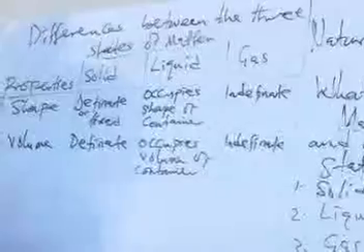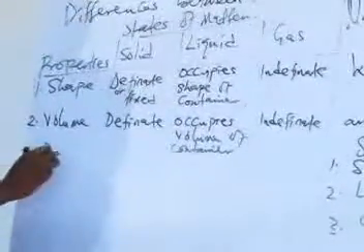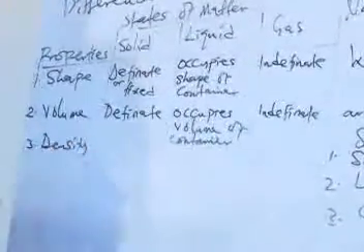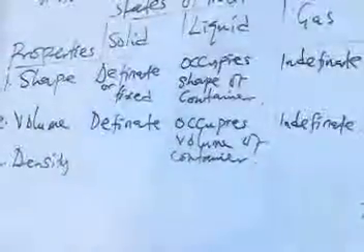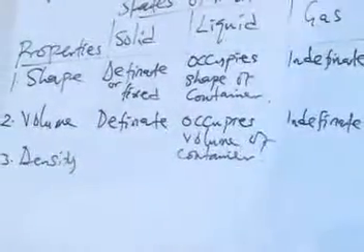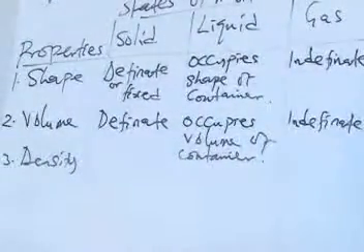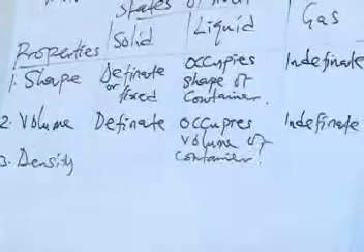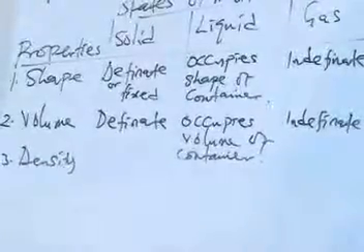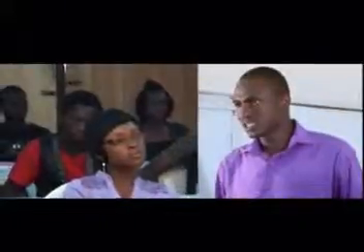The third property is density. What we mean by density, from general knowledge especially in physics, is mass of a material per unit volume. The higher the mass of the material, the higher its density. And when the material has a larger volume, because density is inversely proportional to volume, we expect it to have a low density.